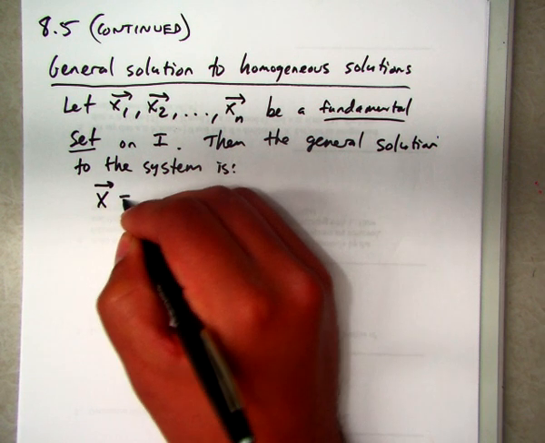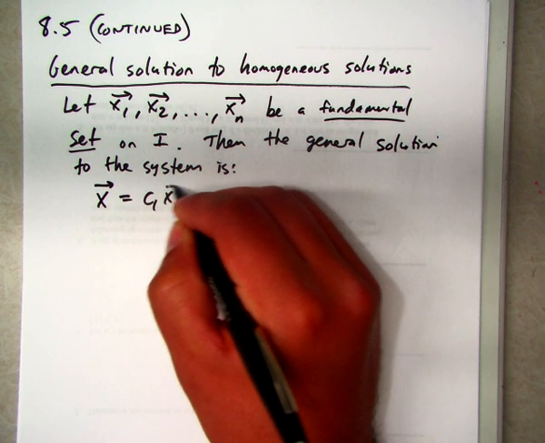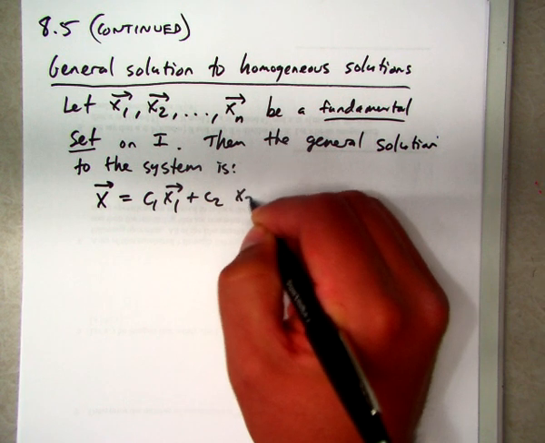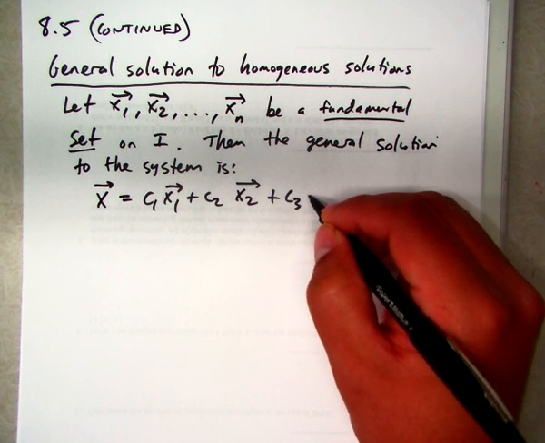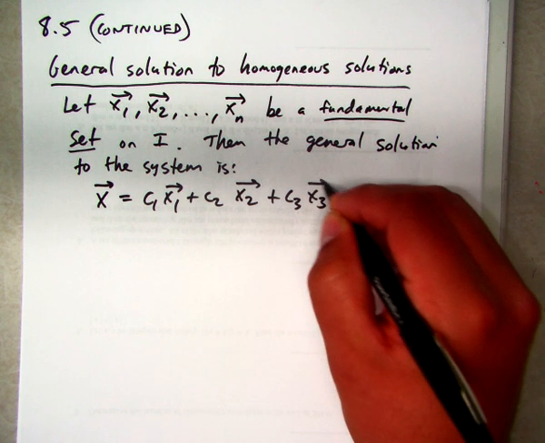X equals C1x1 plus C2x2, just using the superposition principle, plus C3x3, and so on.